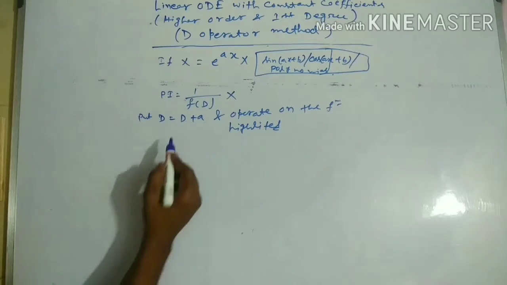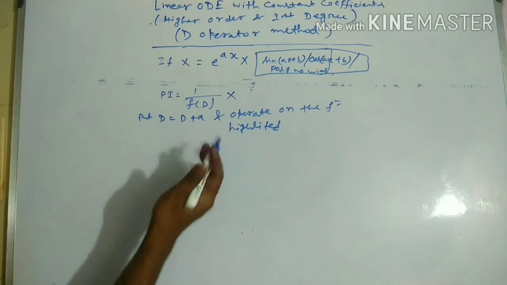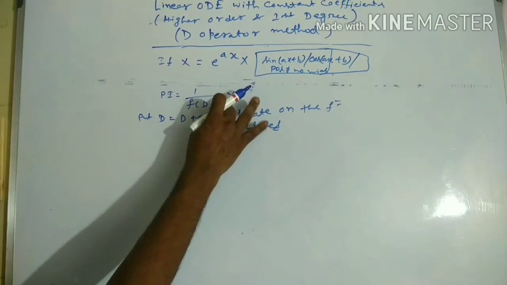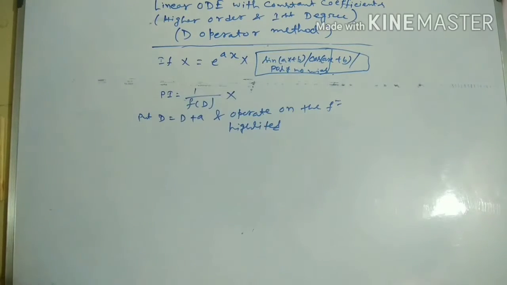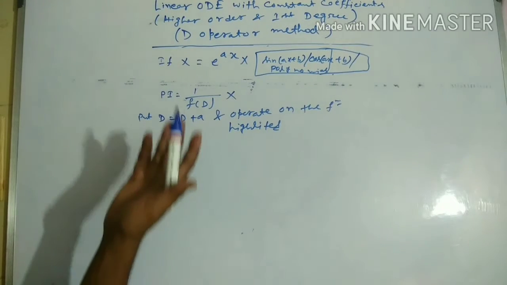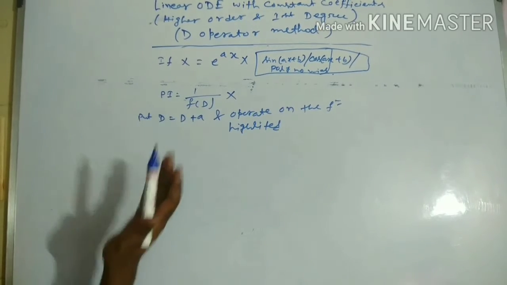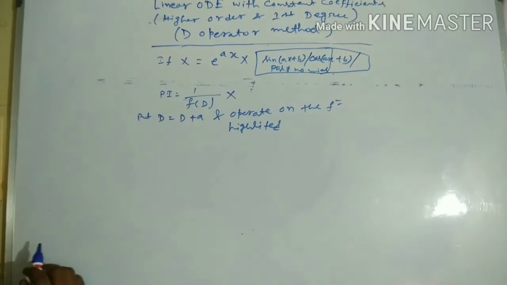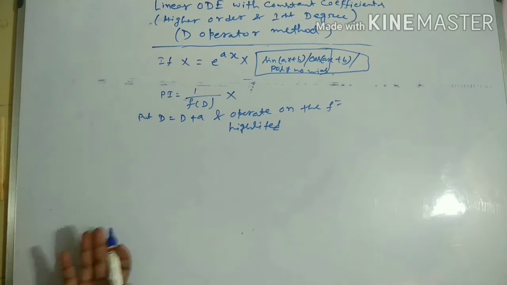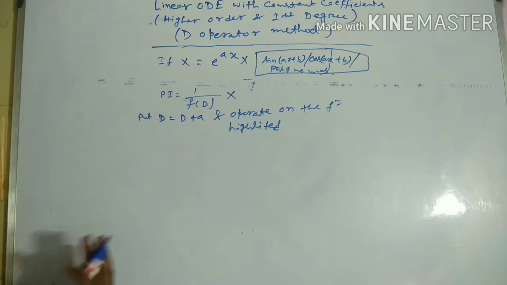That is, if the function capital X is e to the power ax into sine function, then you have to put D equal to D plus a and operate only on the sine function, and then you know how to find the PI for the sine function, and you have to apply that rule.